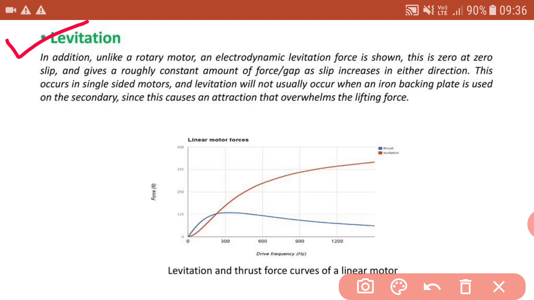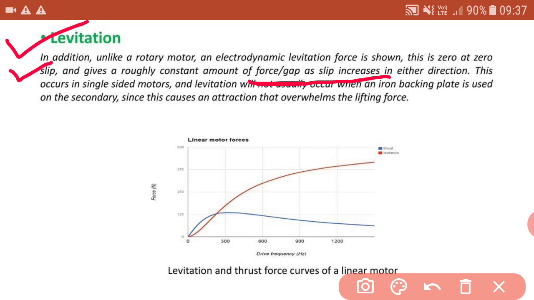This is 0 at 0 slip. It means the electromagnetic levitation force will be 0 at 0 slip and gives a roughly constant amount of force as the slip increases in either direction.